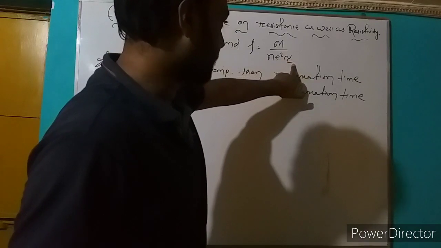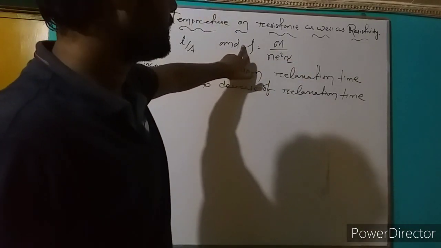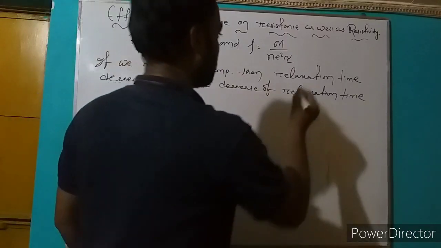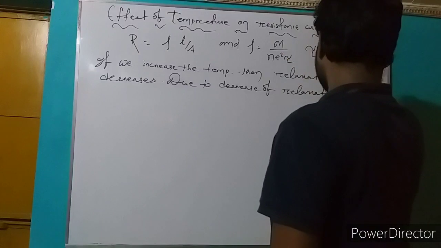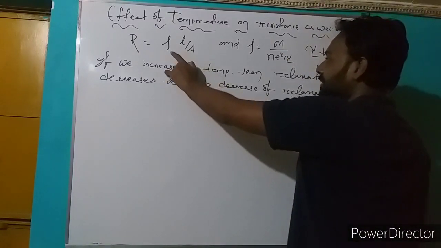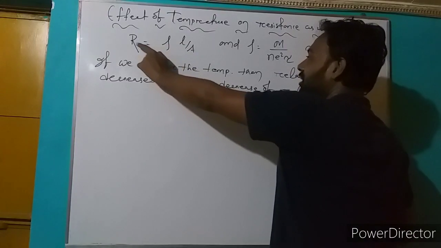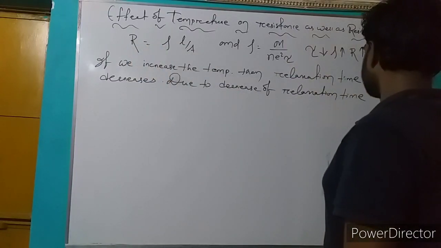If you decrease the relaxation time, then resistivity increases. That means tau decreases, resistivity increases. Now resistivity is directly proportional to resistance, that means resistance also increases.